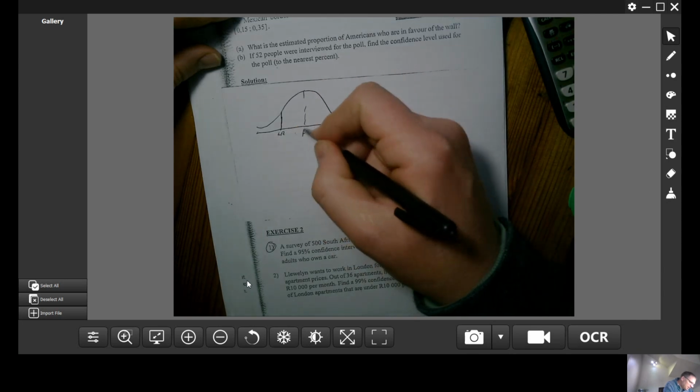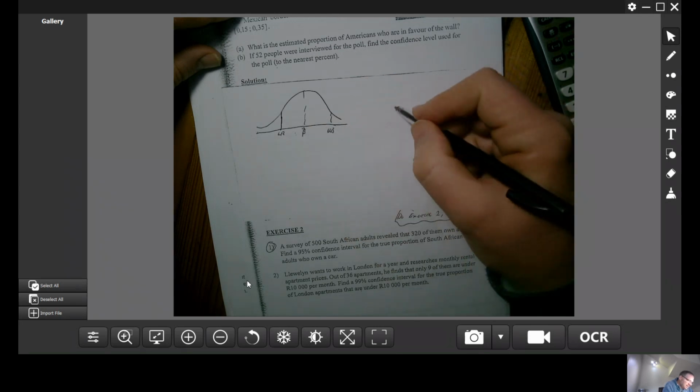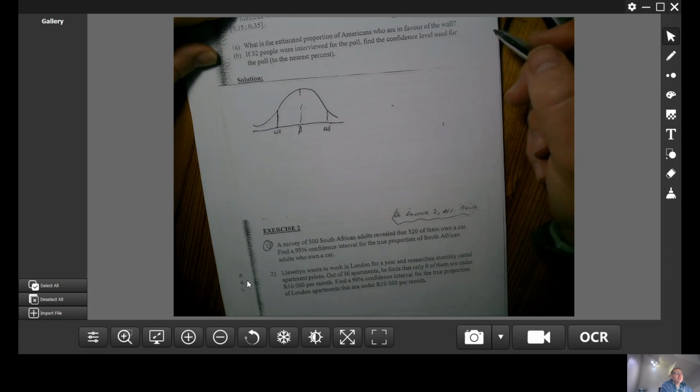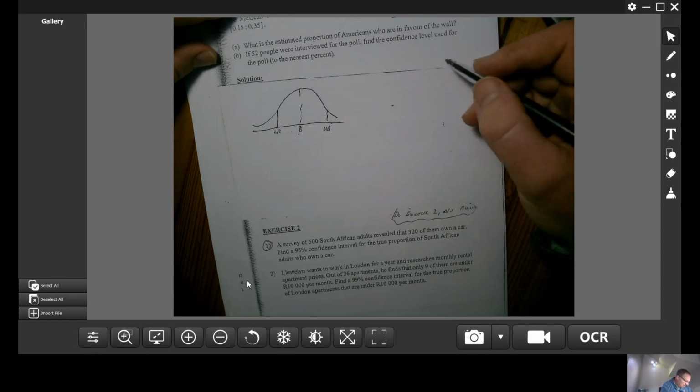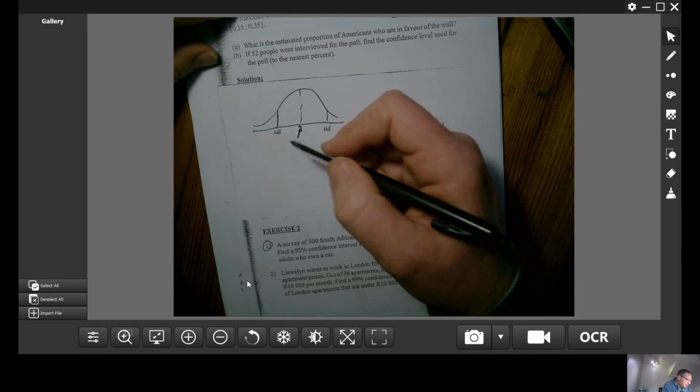So here, remember, P hat's in the middle of those. Just like, remember if we had the upper boundary and the lower boundary of a confidence interval for population mean, the sample mean was right in the middle of that always. Same thing with population proportion. So your sample proportion is going to be in the middle of your upper boundary and your lower boundary.